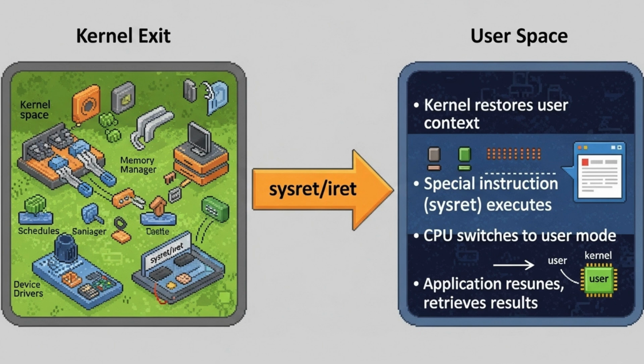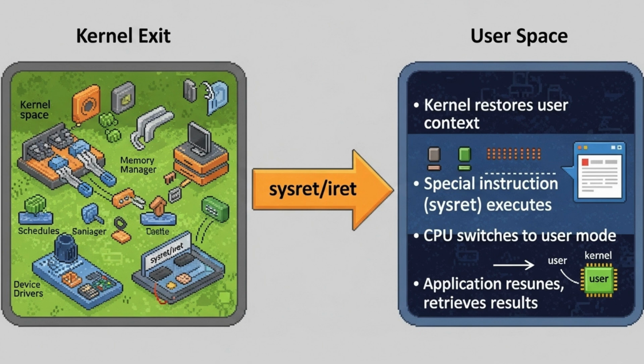Once back in user mode, the application resumes execution from the instruction immediately following the original syscall. It can then retrieve the return values from the designated registers, indicating the success or failure of the kernel operation. This complete cycle, from user mode through the kernel and back to your application, is the foundation of how applications leverage the operating system's capabilities.